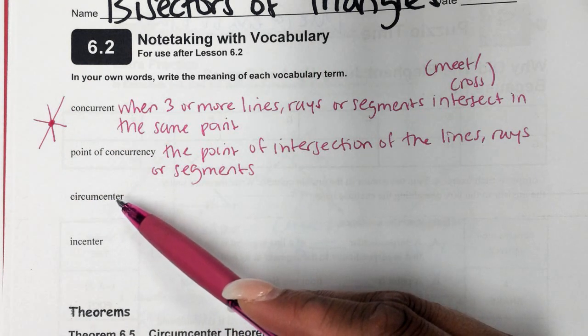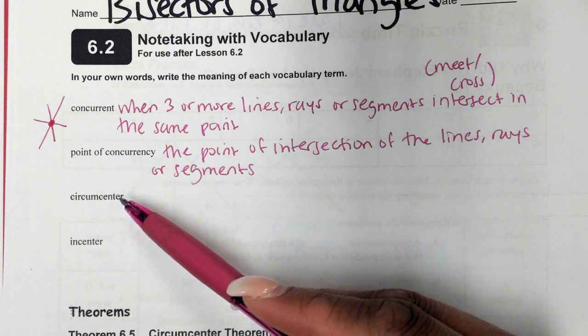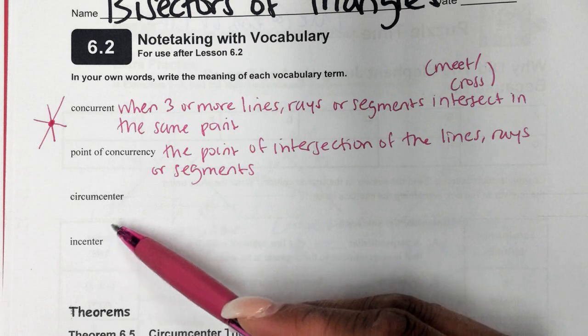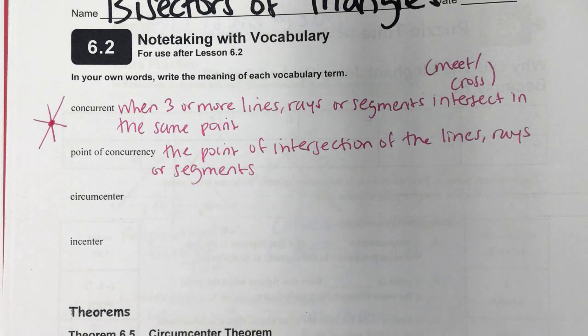For circumcenter, this deals with more of the perpendicular bisectors. For the incenter, this deals with more of the angle bisectors that we talked about in our last section.